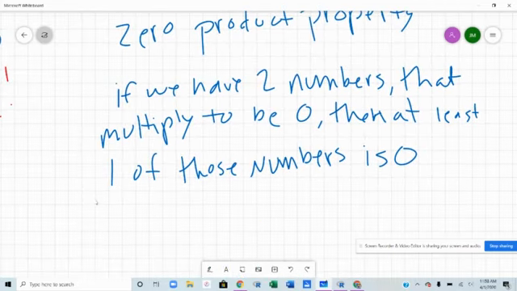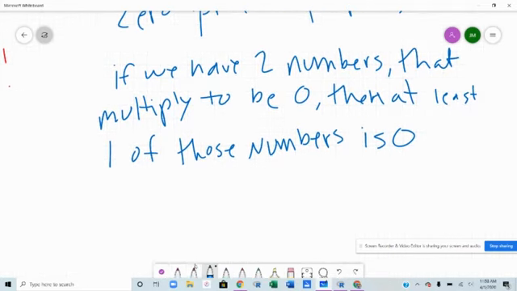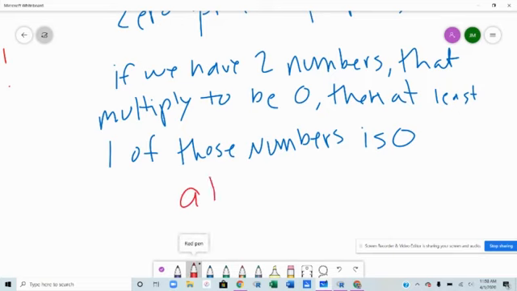So basically what that is telling you is, if I were to say I have A times B equals 0, right now you have no idea what A is, and you have no idea what B is. Those are variables. But if together they need to multiply to be 0, then that must mean either A has to be 0, because 0 times anything will give you 0, or it'll mean B equals 0, because anything times 0 equals 0.